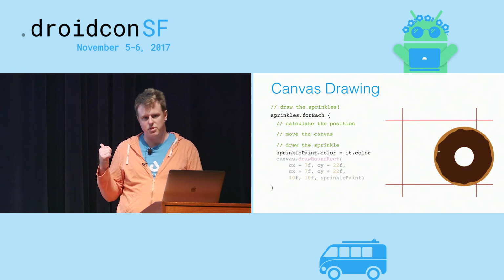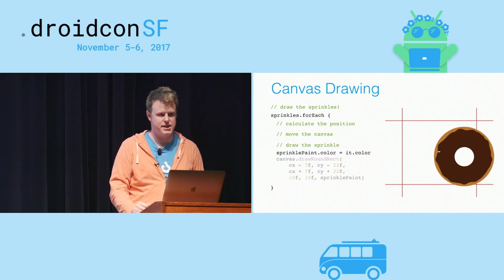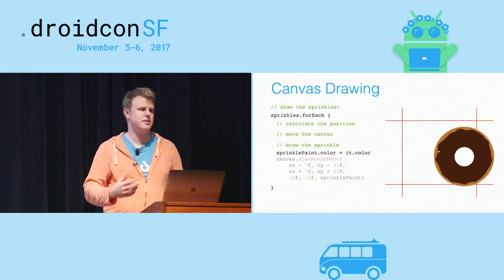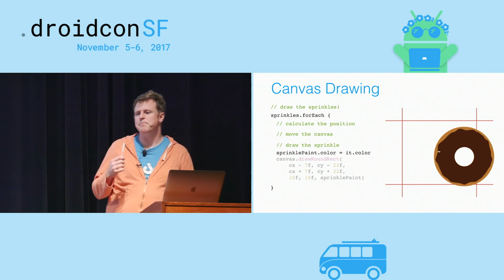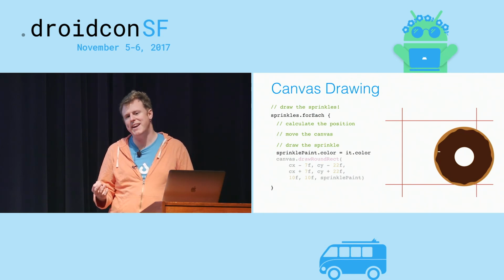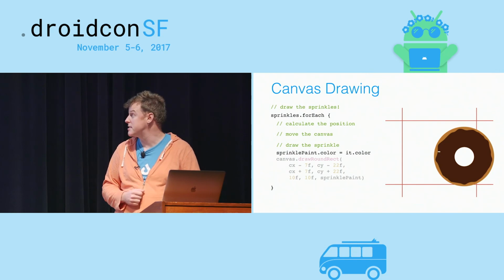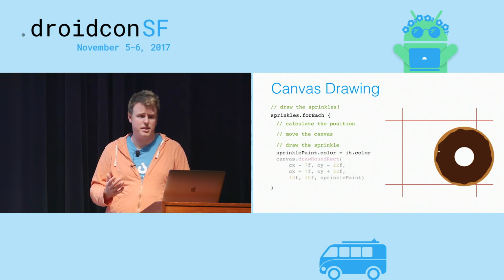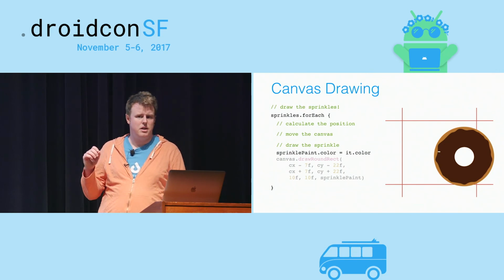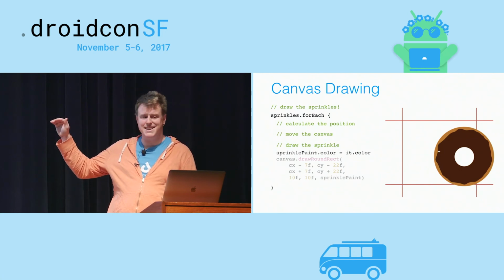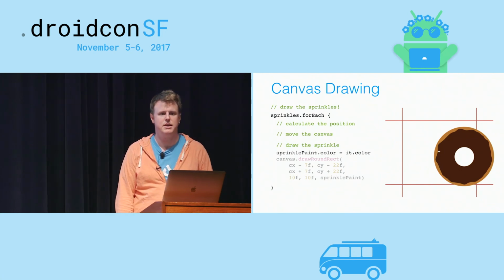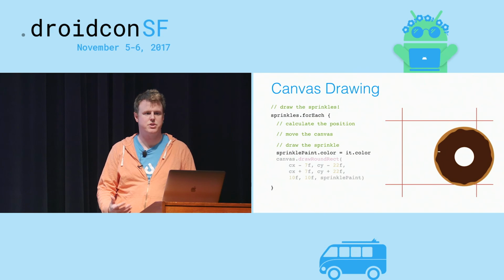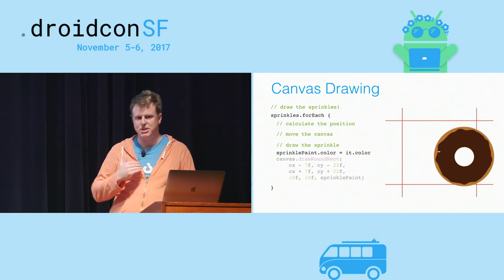If you want to store this donut for later, we need to serialize it in some fashion, right? That could be JSON, it could just be a bundle, but storing it as a paint is going to make it hard to serialize. The other thing is that we can use a single paint and just change the color on it.